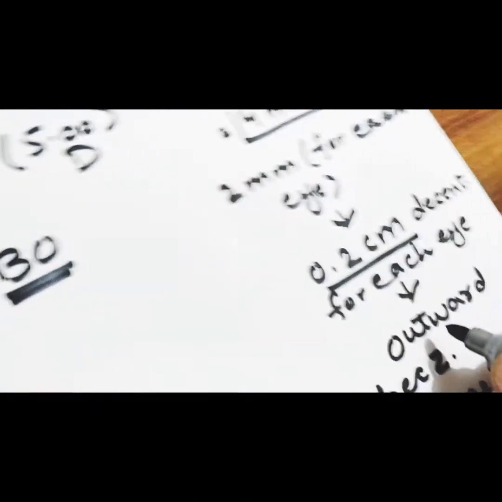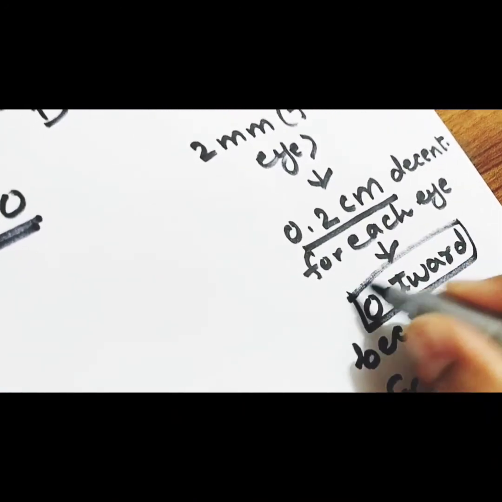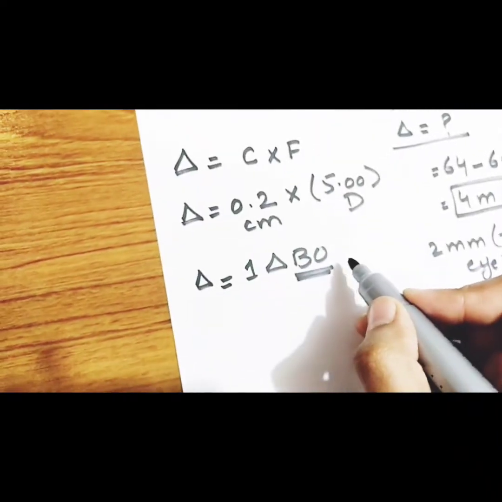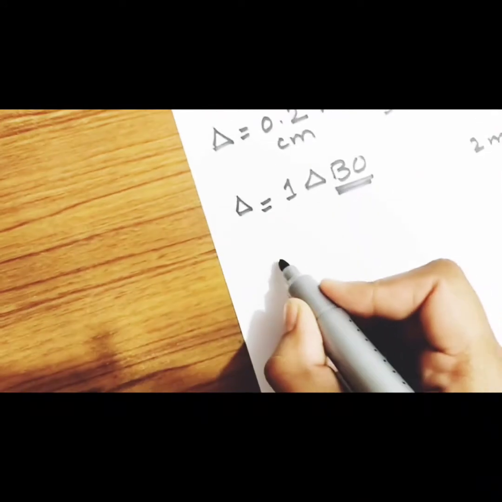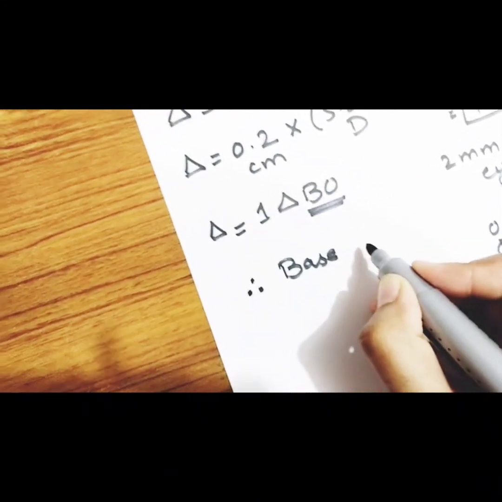How do we know it's base out? Because decentration is in the outward direction, so prismatic effect is also in the outward direction, or base out.